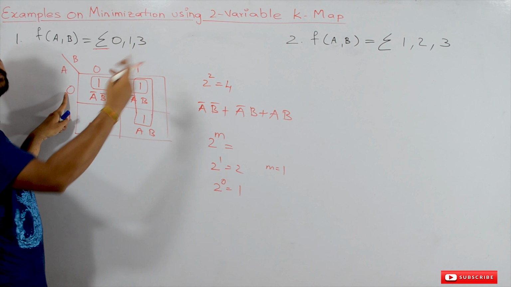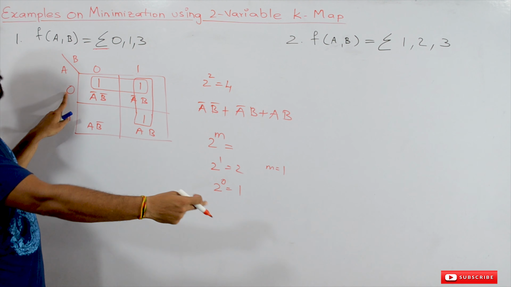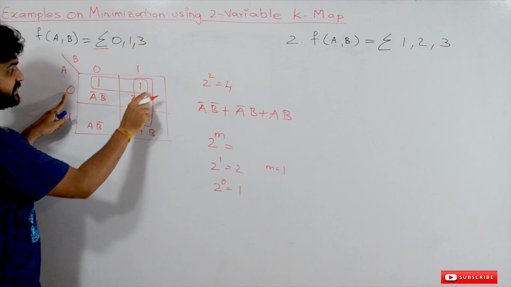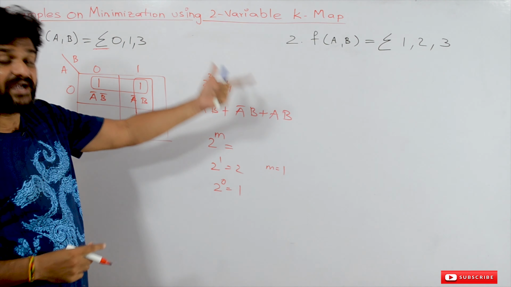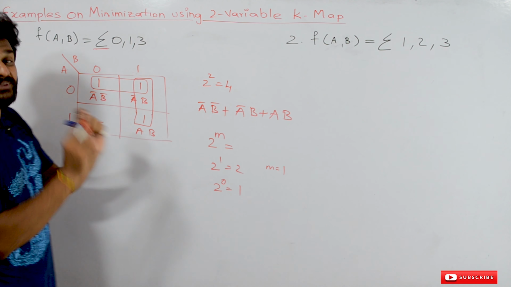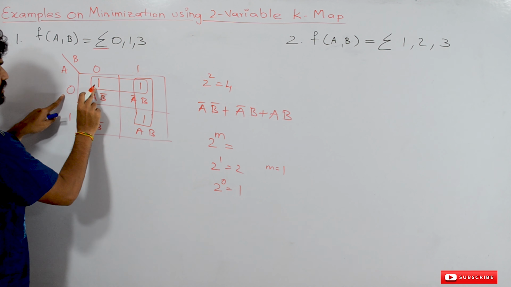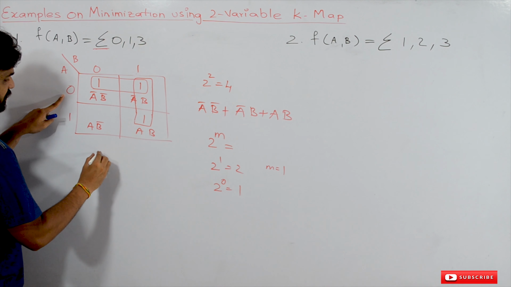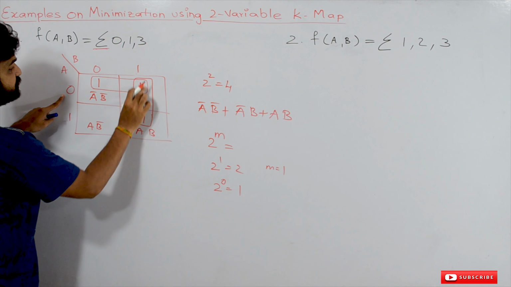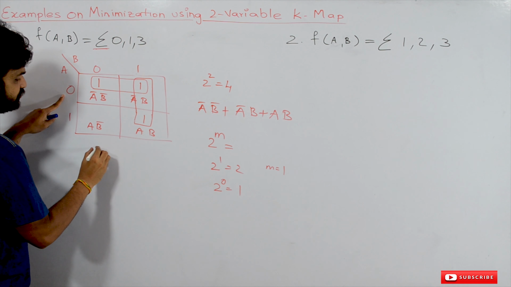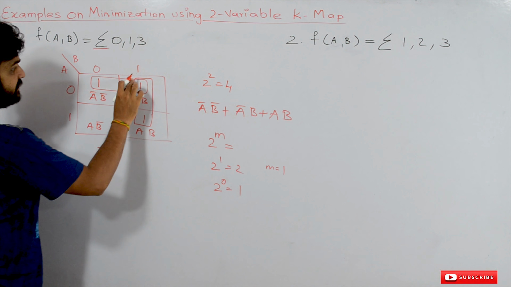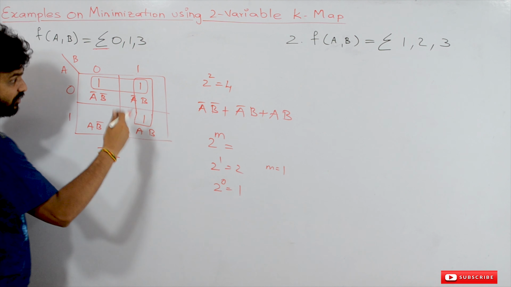The discussion has been clearly made in our previous video. If you are not able to understand this point, there we have expanded the expression and explained it. Please watch that video. So this subcube will be reduced to a complement, and then we have to consider all the subcubes.